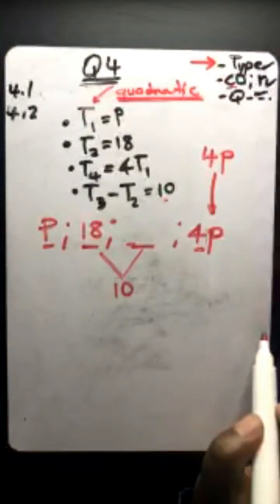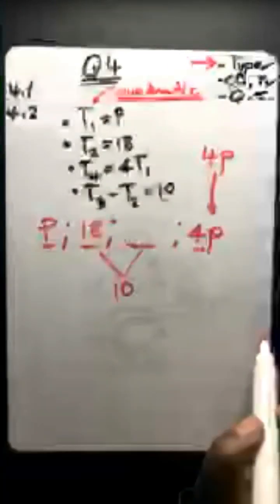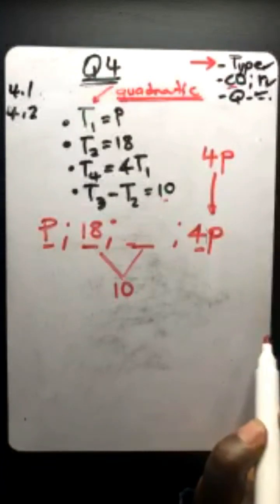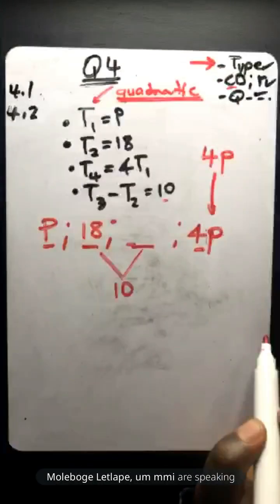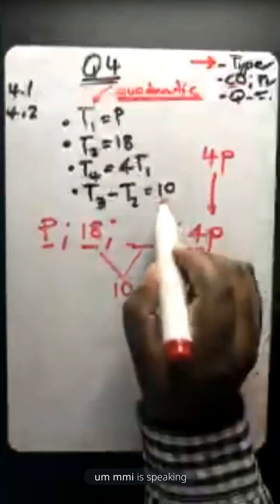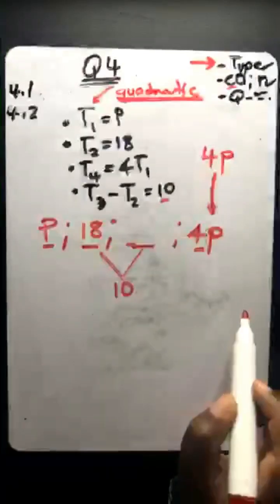Yes. How did you know? It's given there, sir. T3 minus T2 is equal to 10. Yes, it's given. Continue.